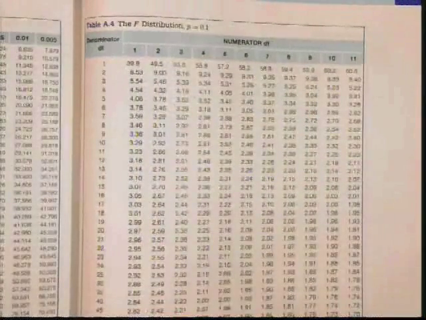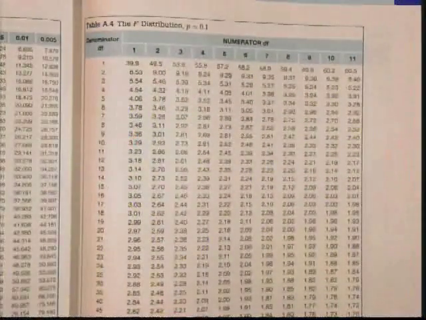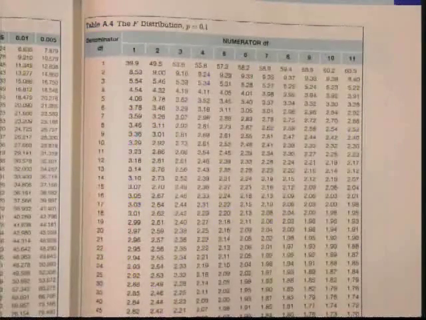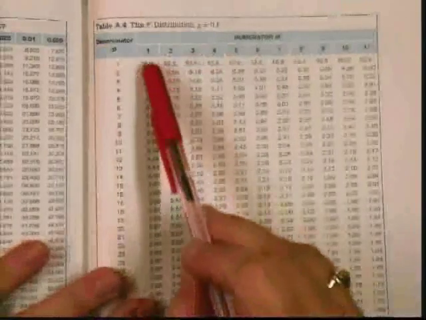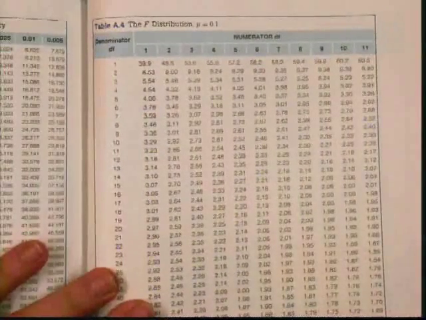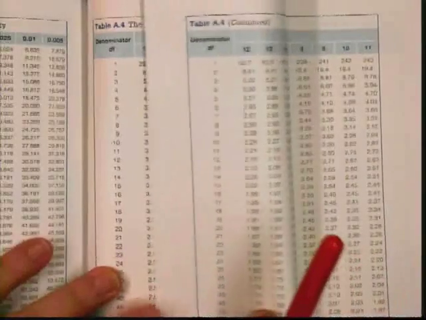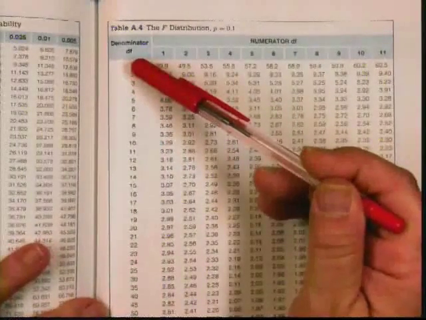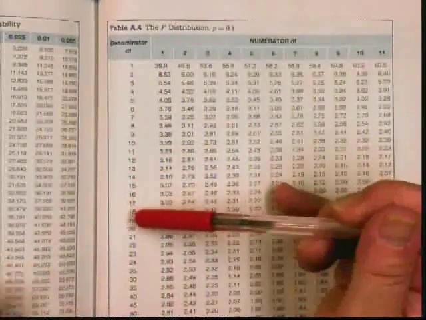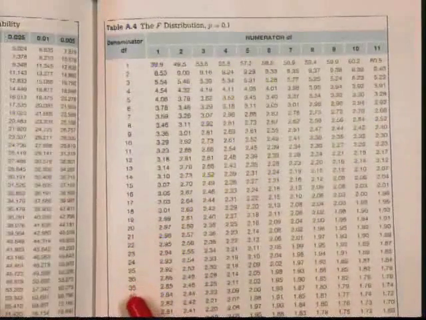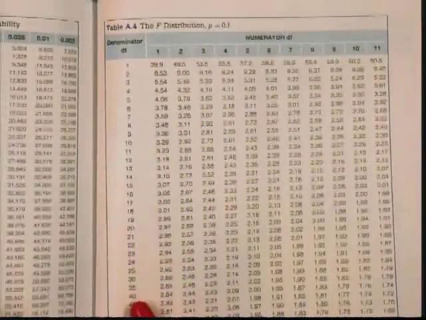Now read across the page. You'll notice we have numerator degrees of freedom going from 1 up through 10, 11, and then it continues on the next page across the top. On the left-hand side, denominator degrees of freedom go 1, 2, 3 in increments of 1 until you get up to 30, and then it starts skipping like we saw with the chi-square and t tables.